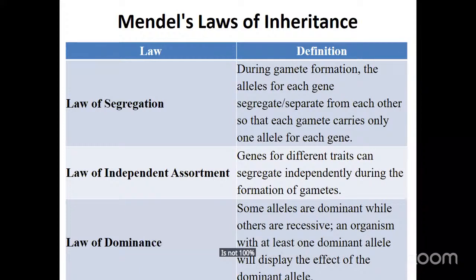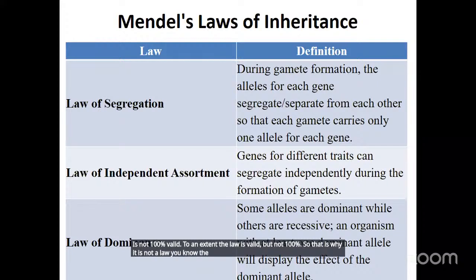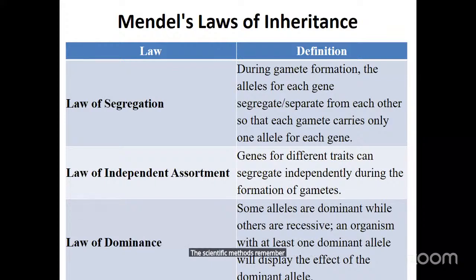To an extent, the law is valid, but not 100%, so that is why it is not a law. You know the sequence of events leading to the formation of a law, the scientific method, remember. So the 2 laws that are valid up till today are the law of segregation and the law of independent assortment.